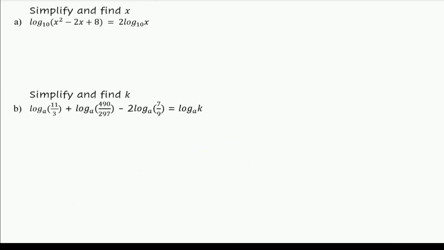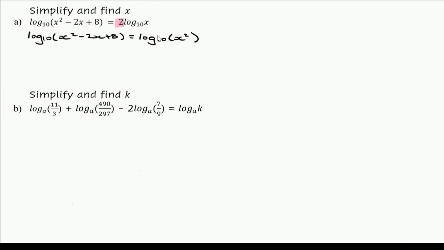So the first thing I'm going to do is use log law number 6, and I'm going to bring these back into my log here. So this is going to give me log 10 of x squared take 2x plus 8, and bringing this back in gives me log 10 of x to the power of 2.